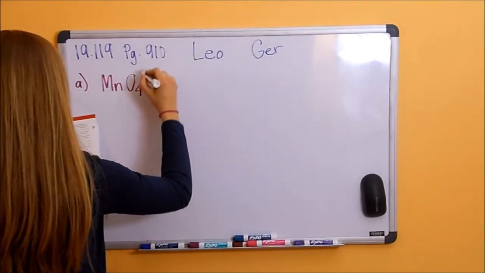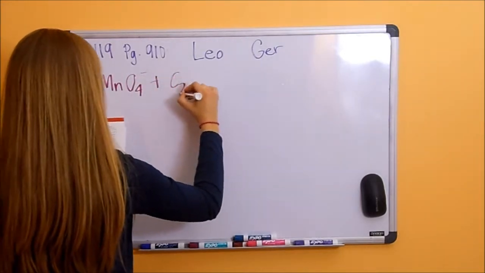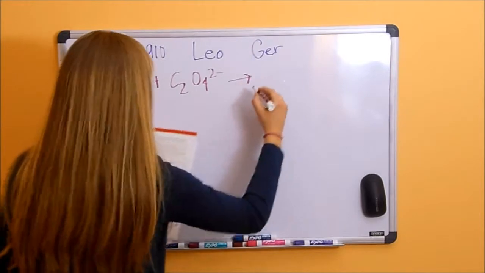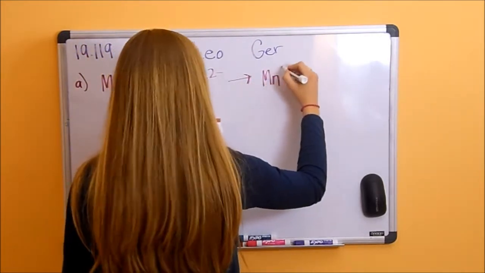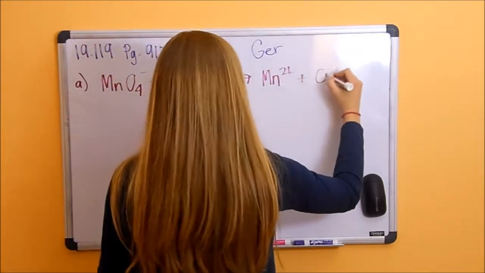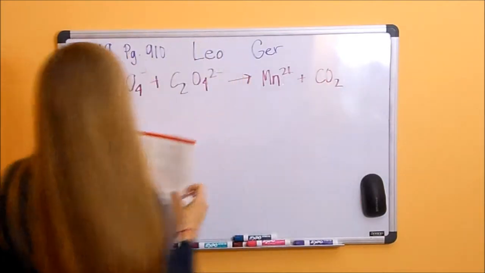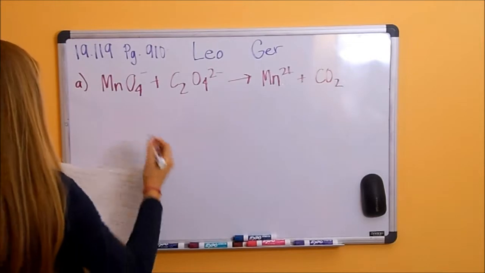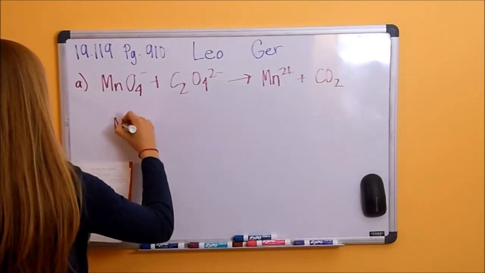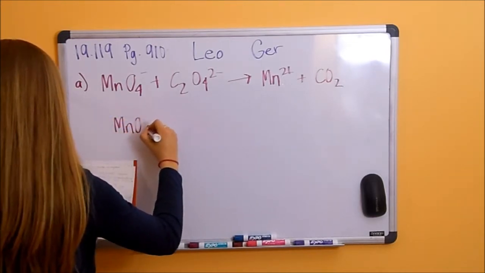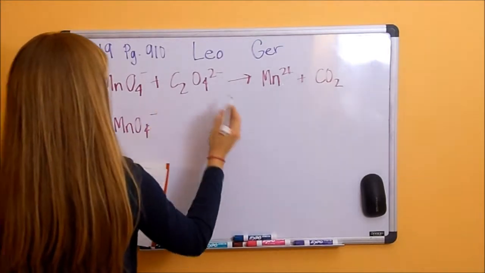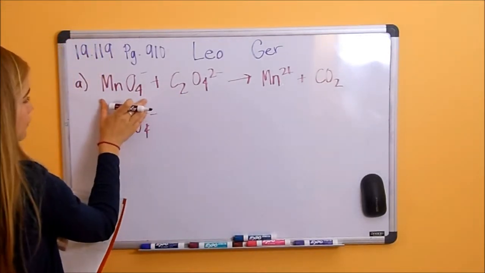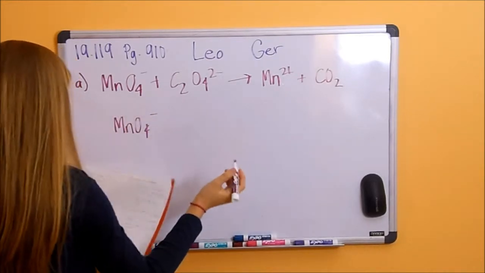So from the equation that was originally given to us, which was again MnO4 minus plus C2O4 2 minus yields Mn2 plus CO2, we're going to break this up into half reactions. So first we have MnO4 minus, and then we leave out the other part that's not related to the MnO4, and it just goes straight to Mn2 plus.